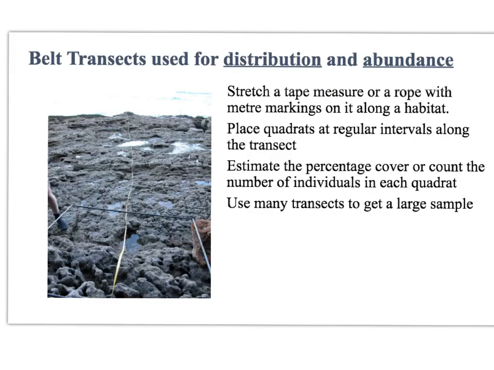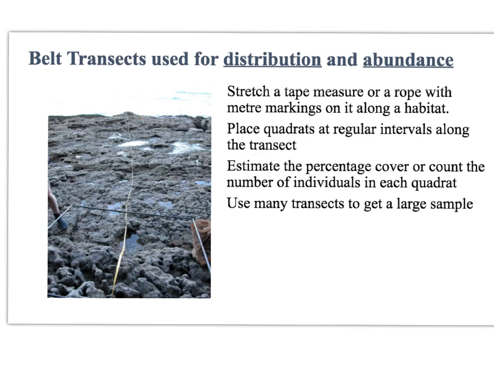So the technique you need to be aware of for systematic sampling is a belt transect, and it can be used for required practical 12 to measure the abundance of organisms as your abiotic factor changes with distance. So in this example, we've got a rocky shore. We've got the sea down here up to the grass at the top of the beach, so the top of the rocky shore up there. Down here will be covered by water more than up here.